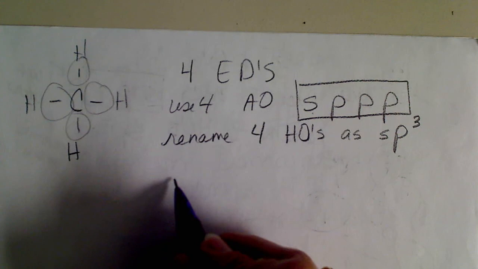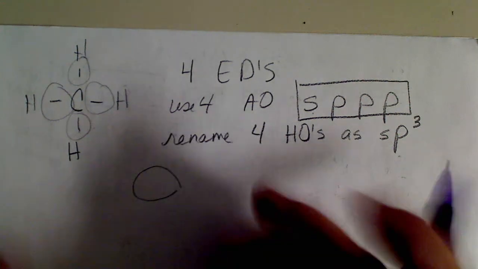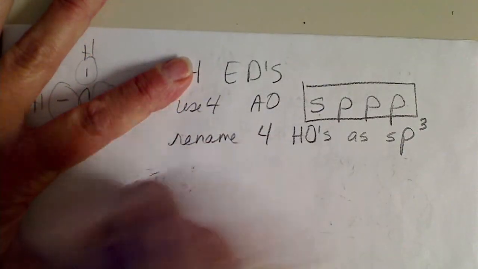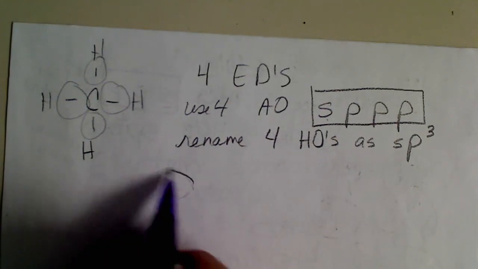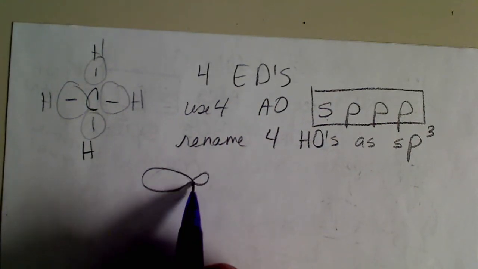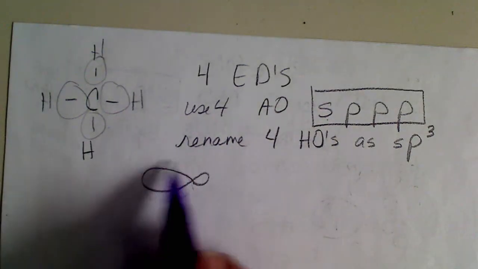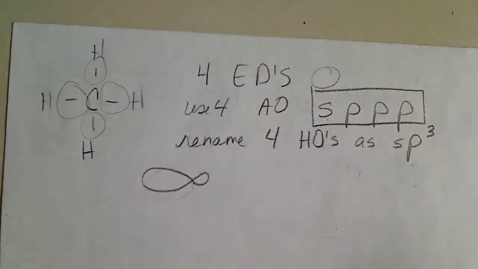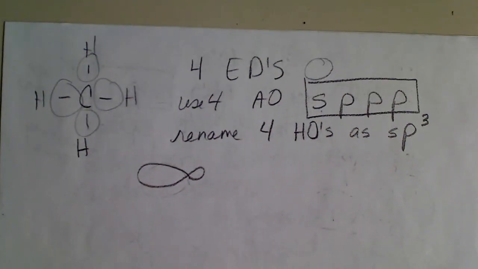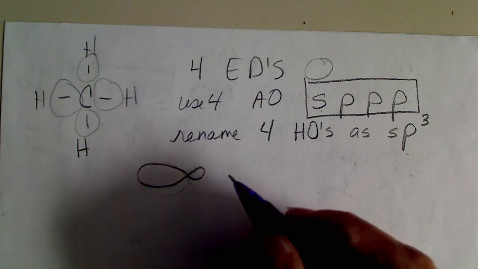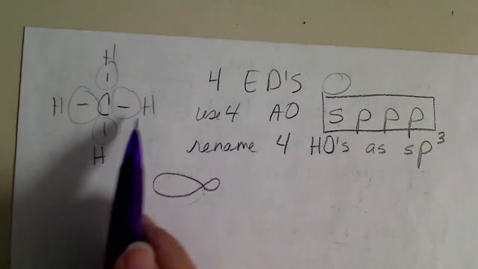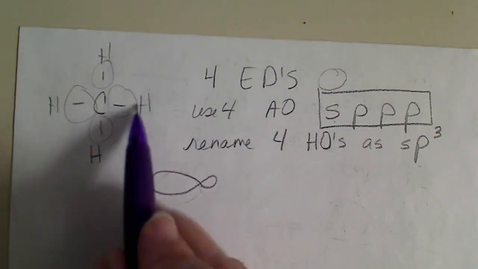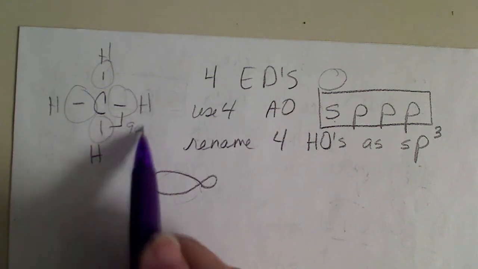And again, they basically have the same shape. They might be more p in character, so maybe a little thinner, but they still have that part p in character and an extra lobe because of the spherically shaped s orbital. Then we'd have 4 of them. And these would not point out at a 90-degree angle.